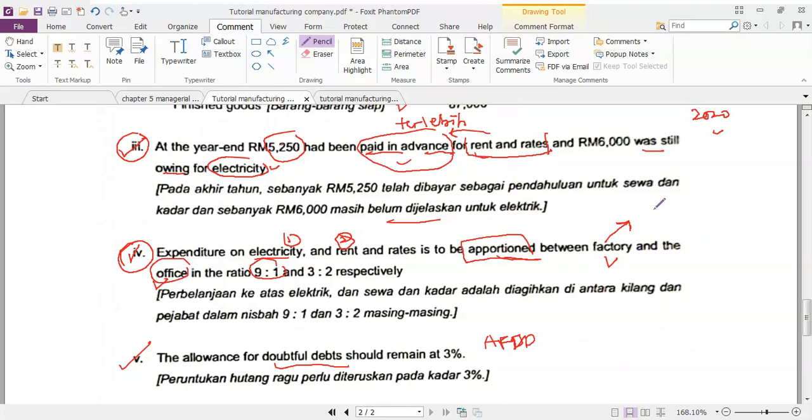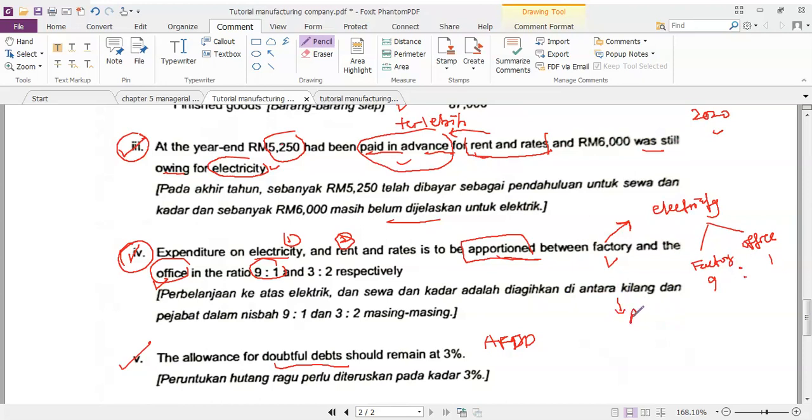Okay, so electricity expenses we should apportion between factory and also office with the ratio 9:1.